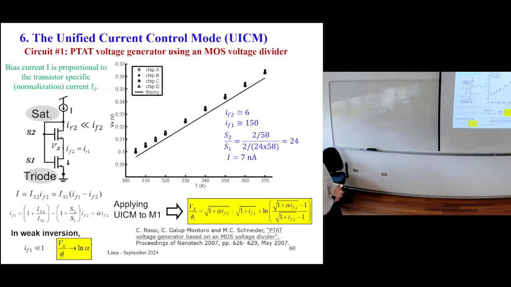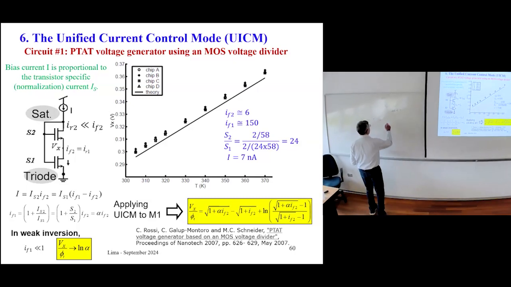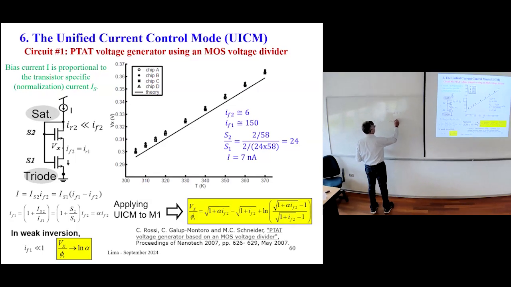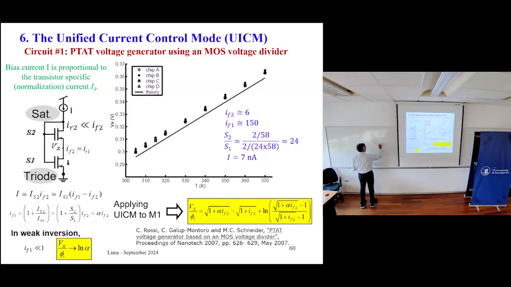a current which is proportional to the specific current. And look here, what's IF2? IF2 is ID2 over IS2. Suppose that IR2 is negative, okay? So this is ID2 over IS2.